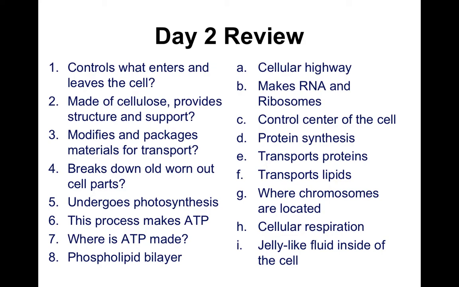G is they're located in the nucleus. H, cellular respiration is the process of making ATP, and that happens at the mitochondria. I would be the cytoplasm. That's just kind of like a real quick check to see if you know some of those basic facts.